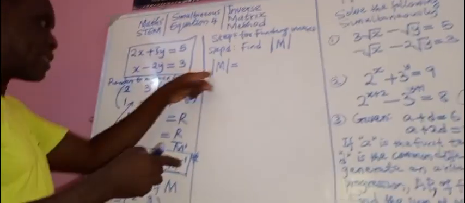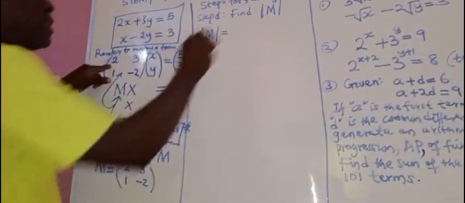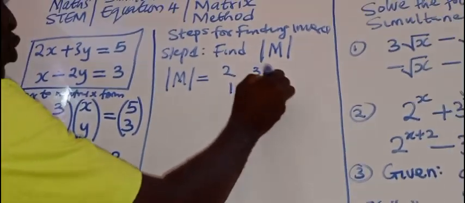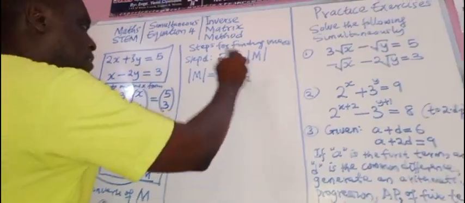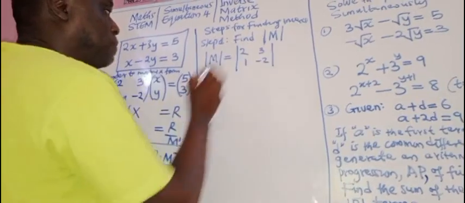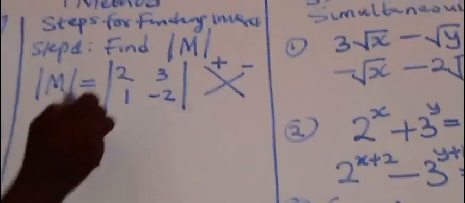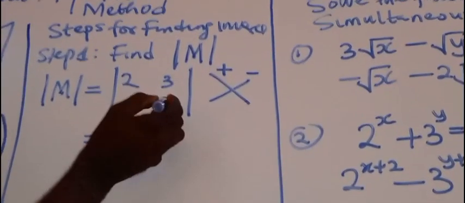Check my video 3 on this to understand what I mean by determinant. You want to find the determinant of 2, 3, 1, minus 2. You will change it from matrix to determinant symbol. Now, if you go this way, that is minus. If you go this way, that is plus. That is the sign. Now, let's find the determinant. 2 times minus 2. You know you are doing that as plus. 2 times minus 2.